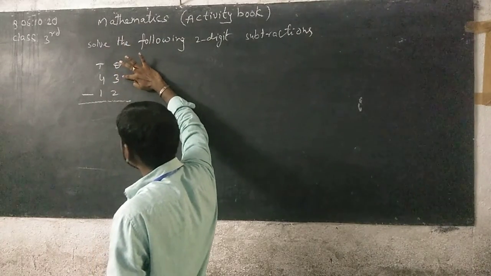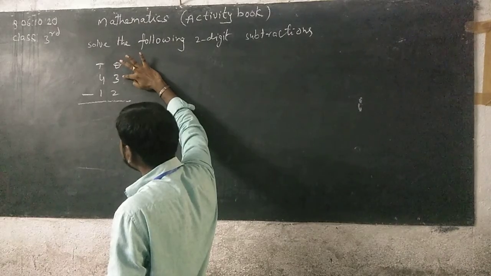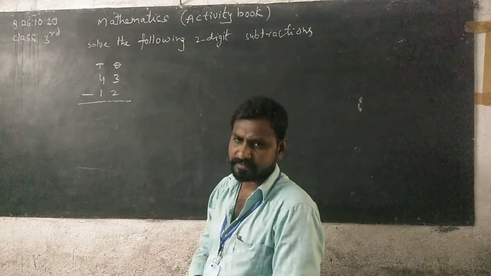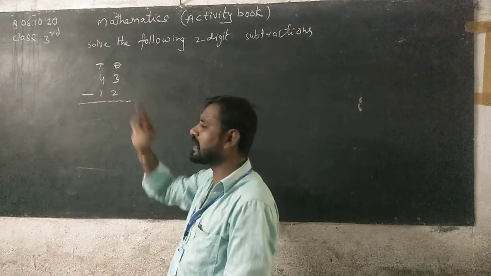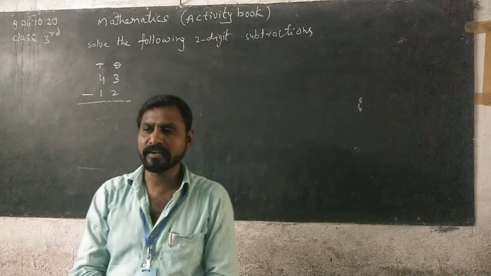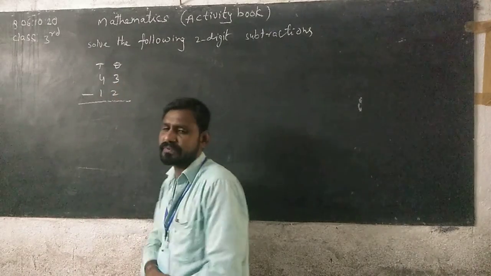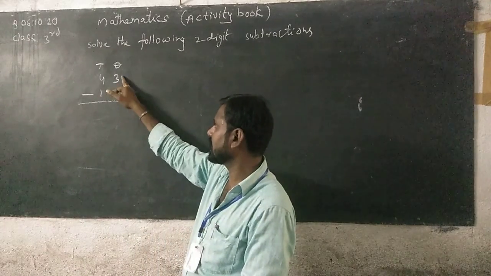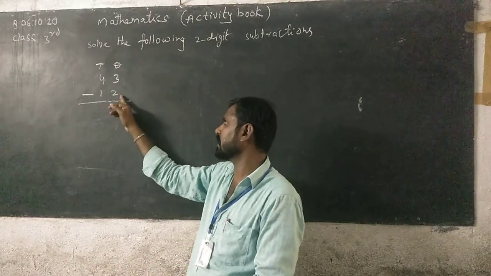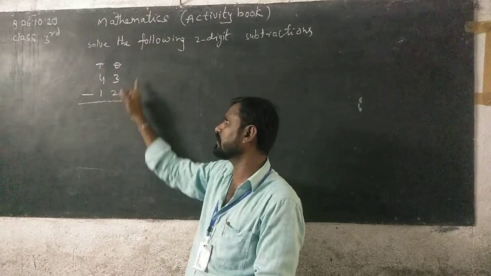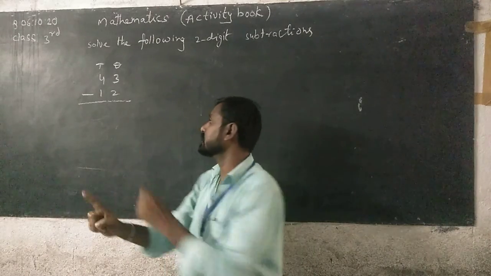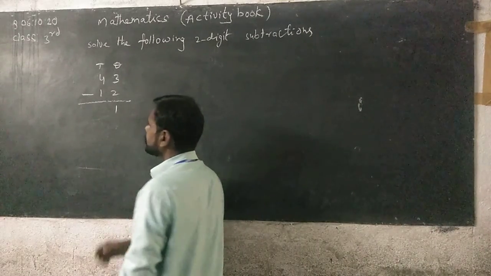So on top of the ones column you write 3 and at the bottom of the ones column you write 2. 3 is greater than 2, so it is possible. This is a bigger number, this is a smaller number, so you can do it easily. You can count 2 after 1 up to 3. So 2 after 1, 3. So you can write 1.